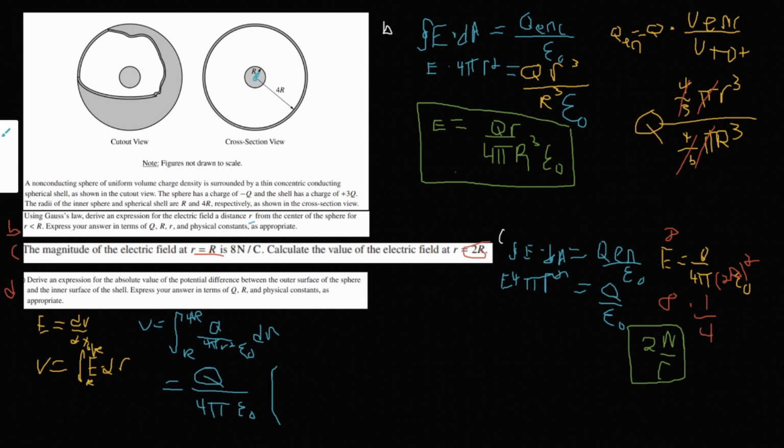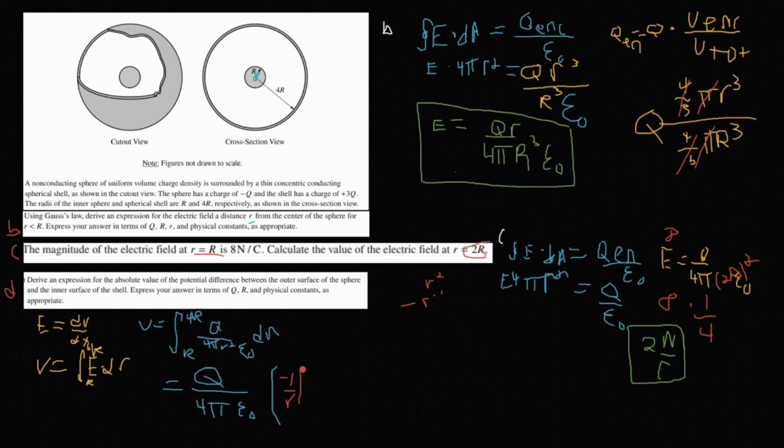Let's do some power rule over to the side. So r to the negative 2. We're going to add 1 to the exponent. So it's r to the negative 1, and then multiply. So it's going to be 1 over r.